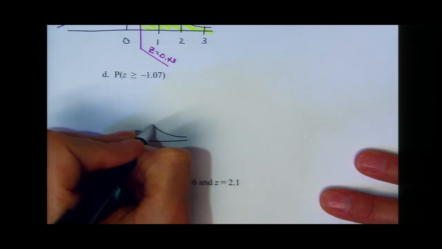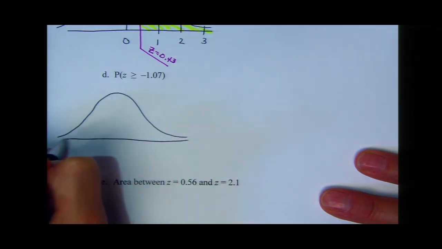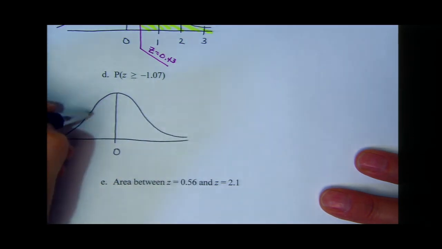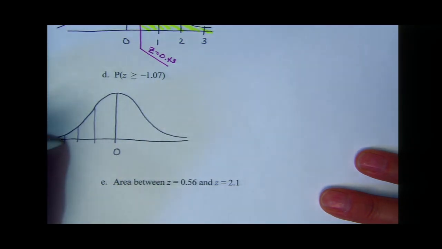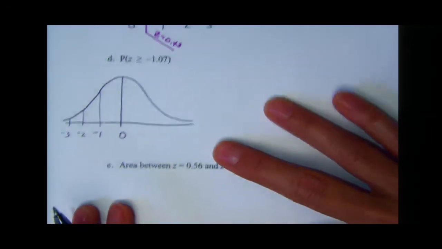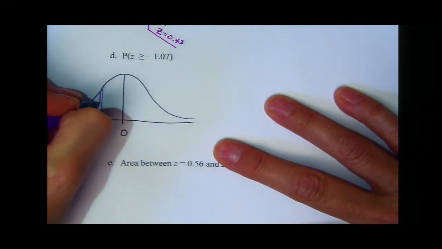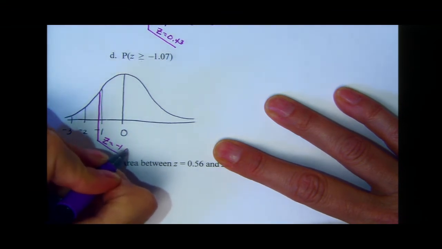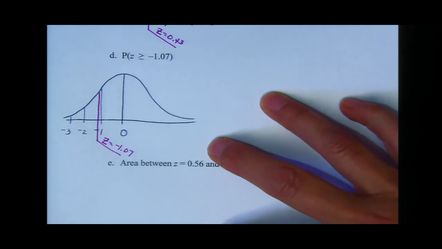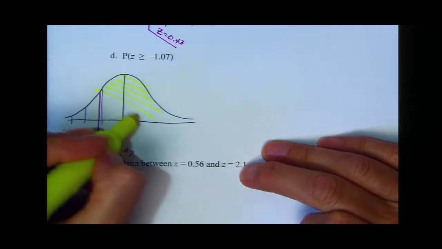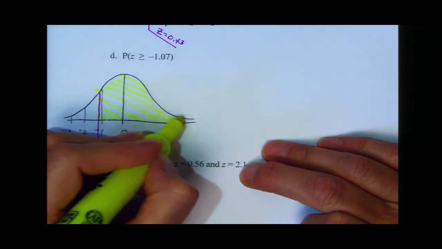So now I have negative 1.07, and since this is the inequality greater than, then I know I'm shading to the right.